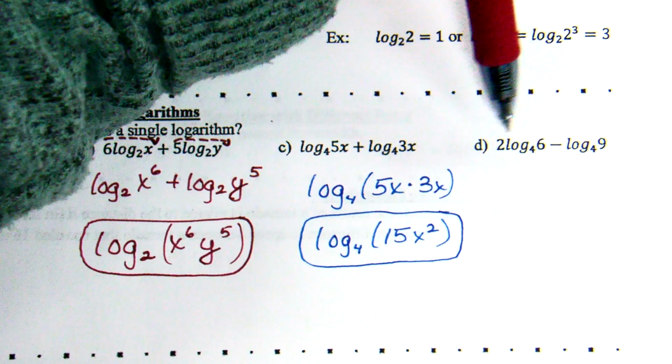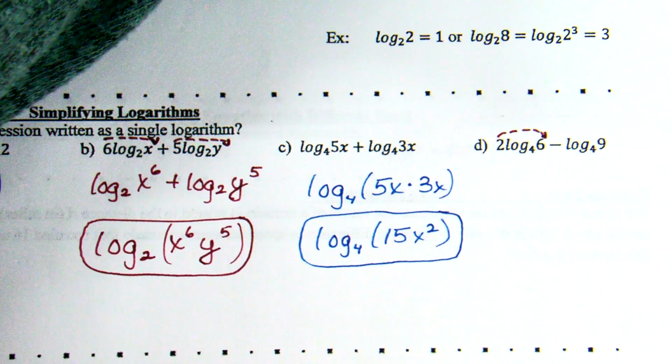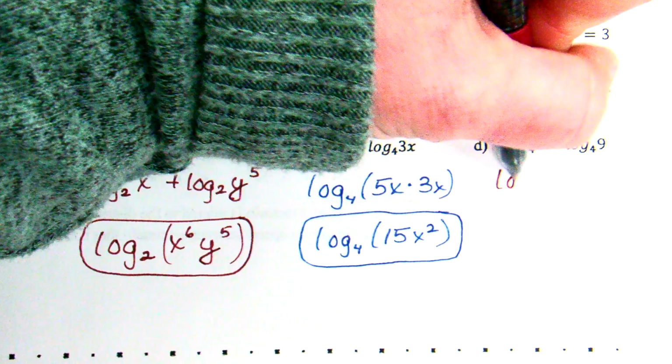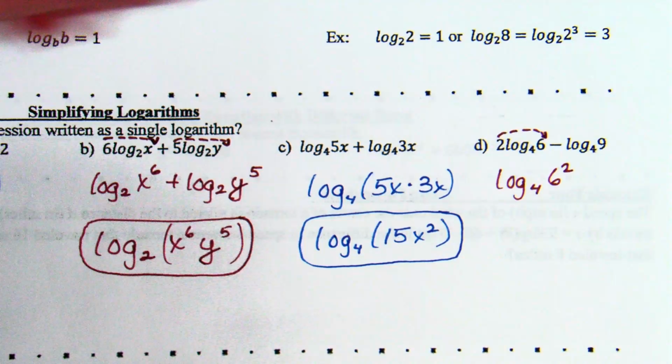So this 2 that's out front of my first log needs to move to the power. So 2 log base 4 of 6 can be rewritten as log base 4 of, what if I say 6 squared? And it's still minus log base 4 of 9.